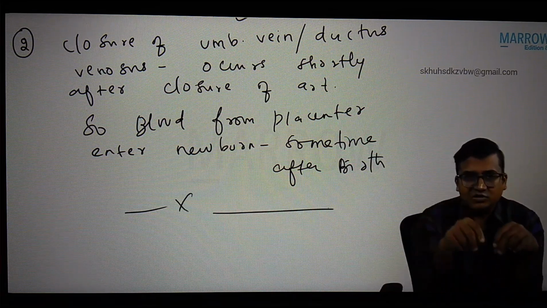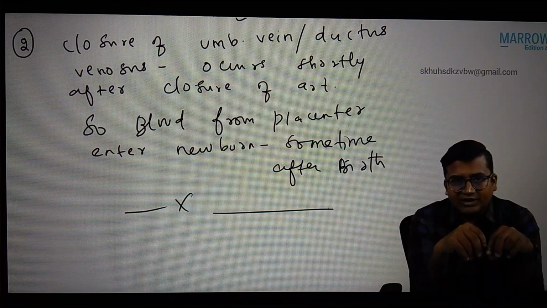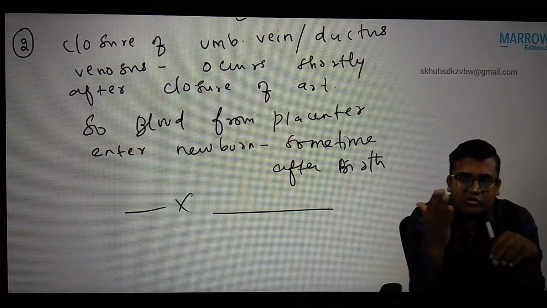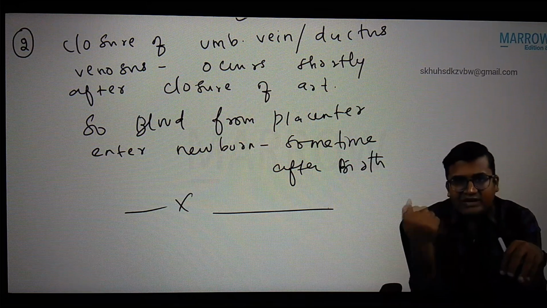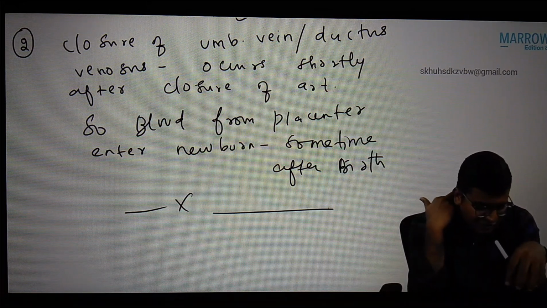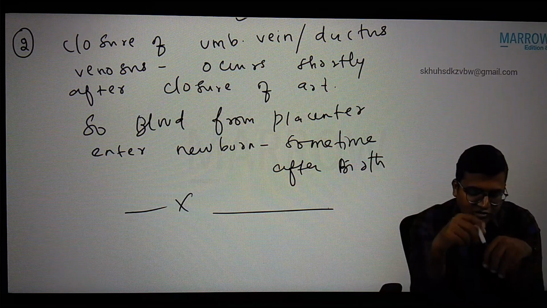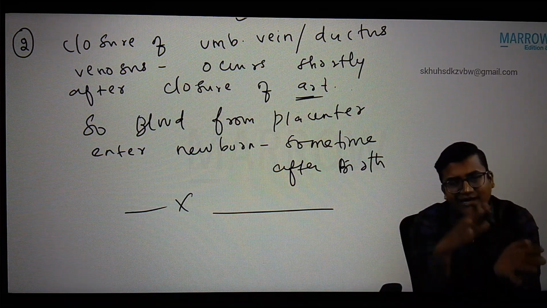That is why the artery is closing first and then the vein is closing. Okay? So, we don't need any blood going to the placenta, so first the umbilical artery will close. We need some blood from the placenta to enter the newborn, so the vein will close shortly after the closure of the arteries.